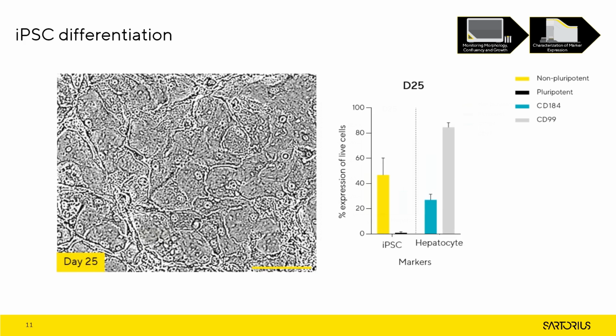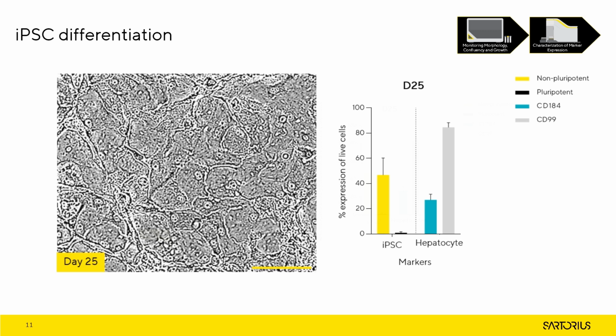By the time we hit day 25, the last time point in the differentiation workflow, cells are at the late stage mature hepatocyte phase, and again the morphology has changed, but this time there are clear structures visible indicative of hepatocyte cells. Exhibiting large polygonal structure with round nuclei and prominent nucleoli, the cells feature hallmarks of mature hepatocytes.